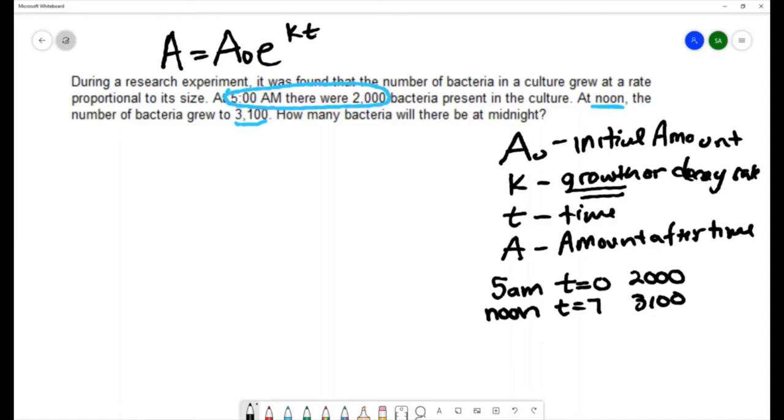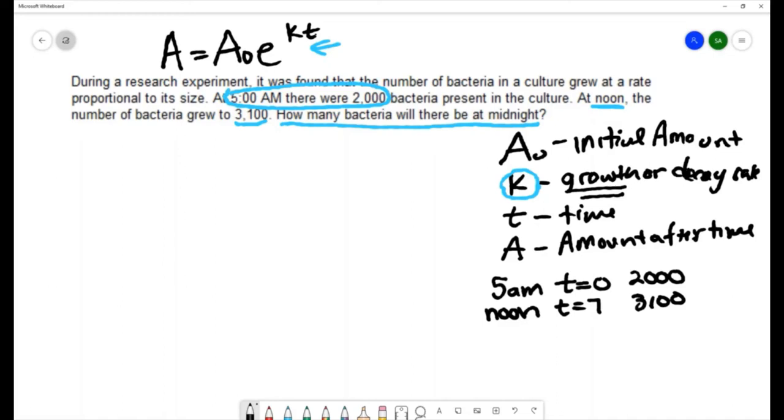So with this information, we're going to be able to calculate the value of k, our growth rate. And once we get the growth rate, we'll have a complete model for this scenario, and we'll be able to answer this question that is posed at the end. So we're going to start by finding that growth rate.